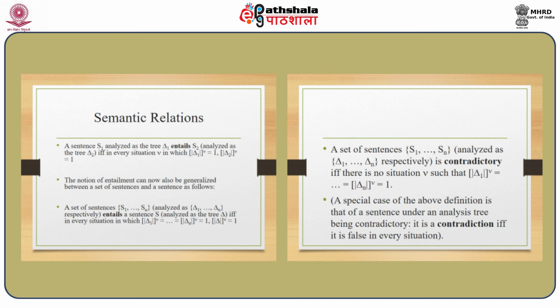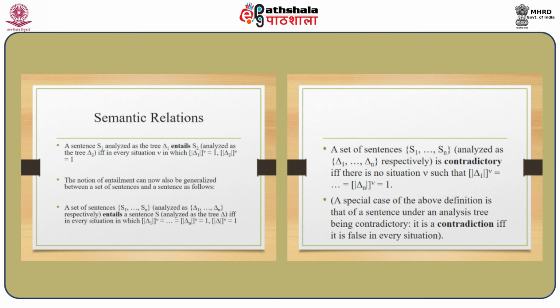They are logically equivalent if both delta 1 and delta 2 get the same value in all circumstances, either both true or both false. A sentence S1 analyzed as delta 1 is a tautology if and only if it is true in every circumstance. A sentence S1 analyzed as delta 1 is a contradiction if and only if it gets the value 0 in all circumstances.